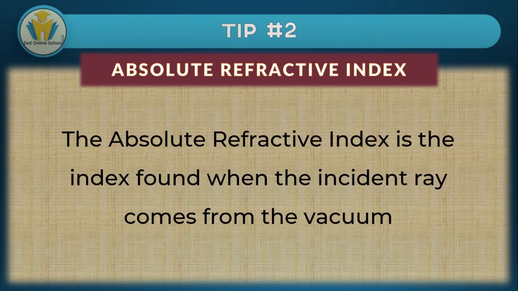A vacuum is just a place where there's no air. One reason why I think it's called the absolute refractive index is because there is no interference. In the air, we find some particles that we can't see. There's some water vapor and all these small substances that might restrict or affect the speed of light.